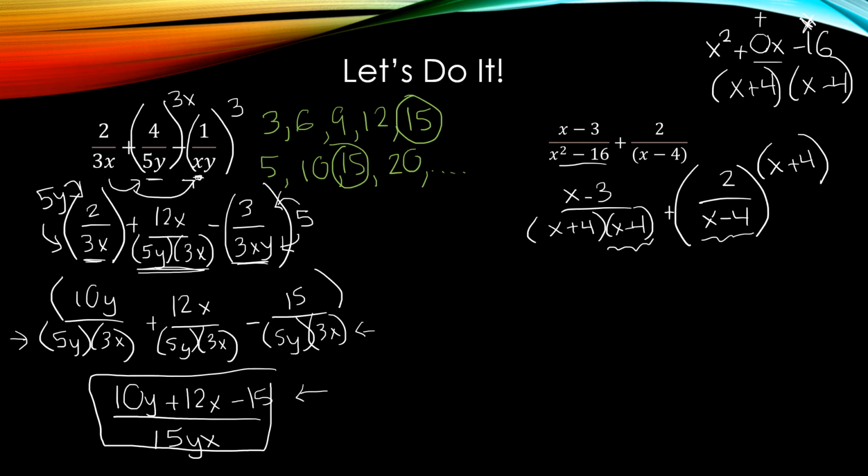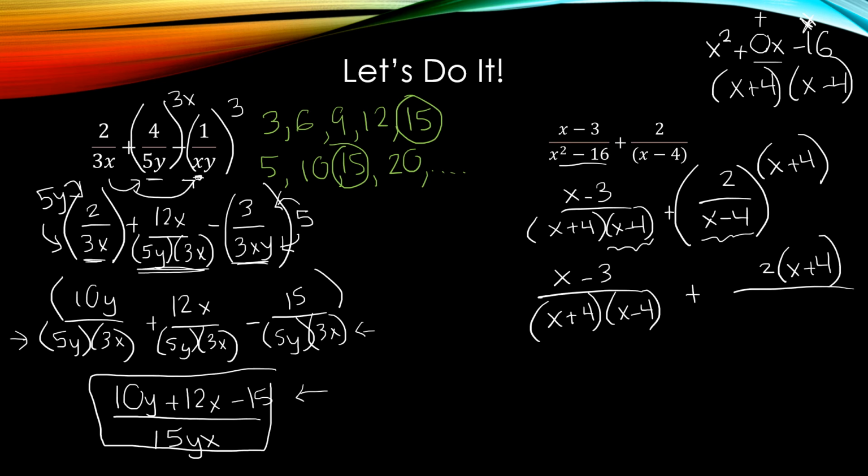So I'm going to carry that out now. I'm going to rewrite this one, just carry it down. And I'm going to add it to 2 times x plus 4 over x plus 4 times x minus 4. Now I can go ahead and carry out the numerators because they have similar denominators.